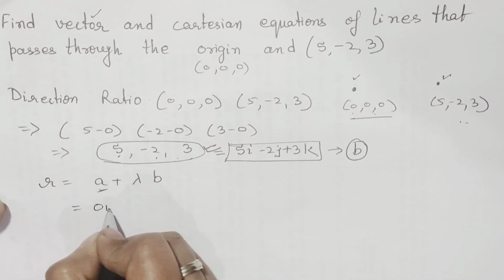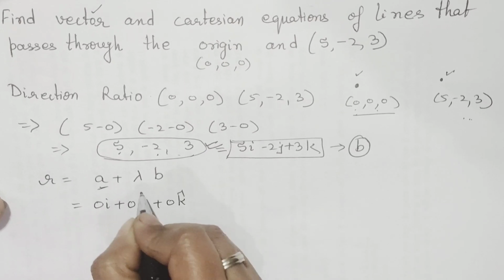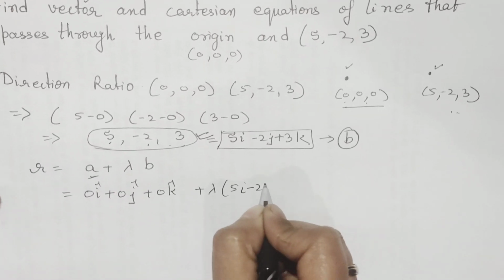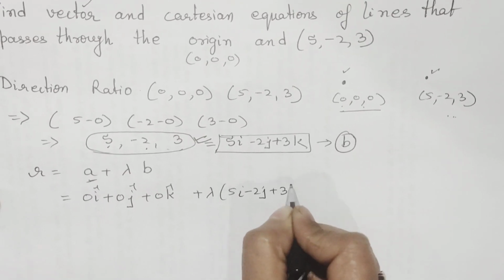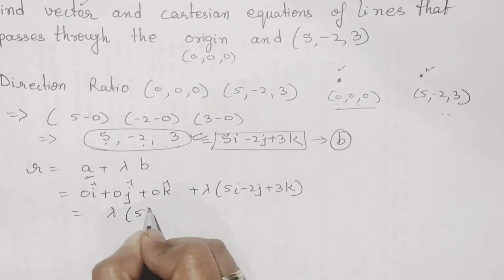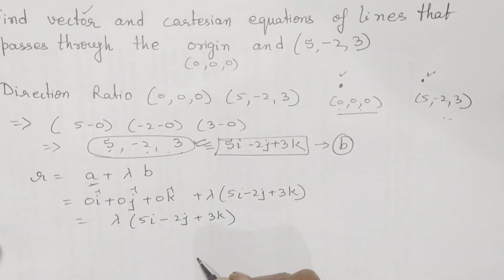So it becomes 0i plus 0j plus 0k plus lambda (5i minus 2j plus 3k).